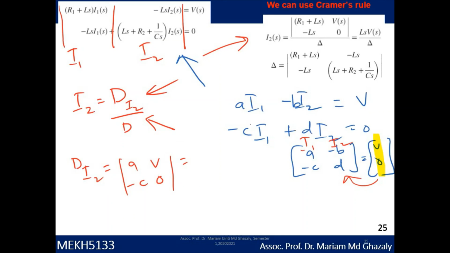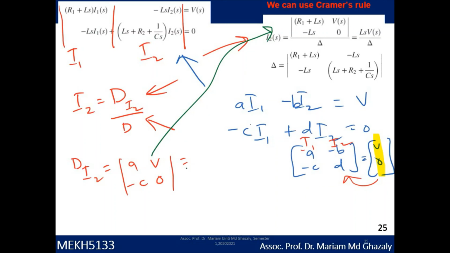If you see here, this is similar to what I have here. A is actually R1 plus Ls. V is V here. Minus C is actually minus whatever value here, Ls, and 0. So find the equation.